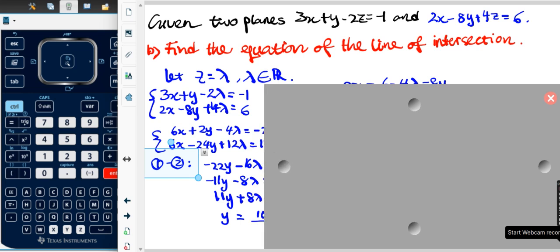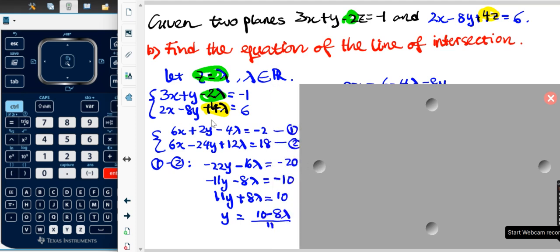So now I replace z by lambda. So here negative 2z becomes negative 2 lambda. Over here I have plus 4z becomes plus 4 lambda, for example, right?